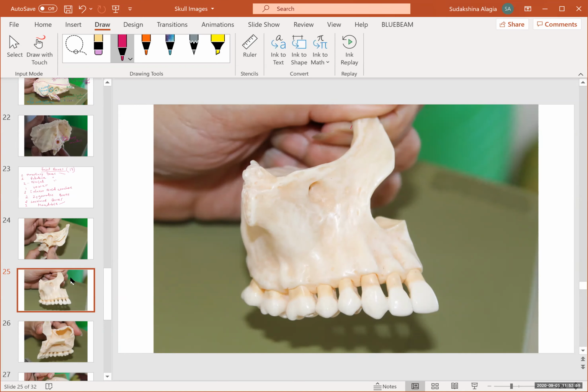This long, extended part, there is a name, but don't worry about the name. This extended part is what is going to meet up with the nasal bone. And this tells you whether it's the left or right maxilla.